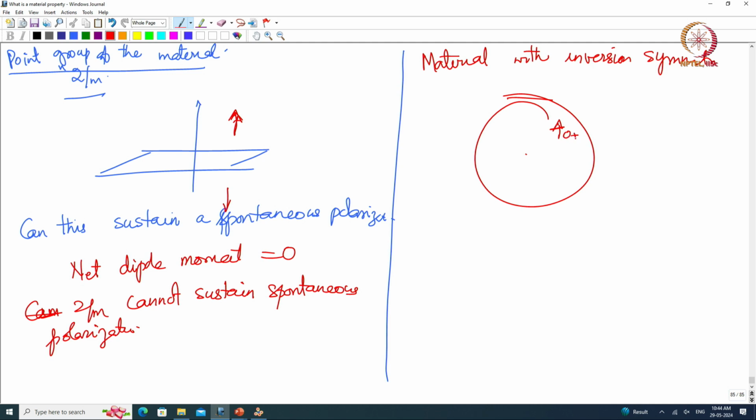So the net polarization equals 0. So materials with inversion symmetry also cannot support any spontaneous polarization.